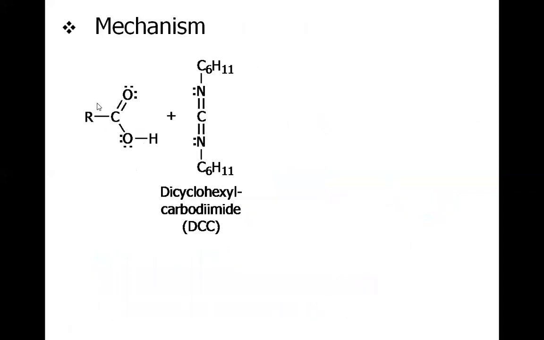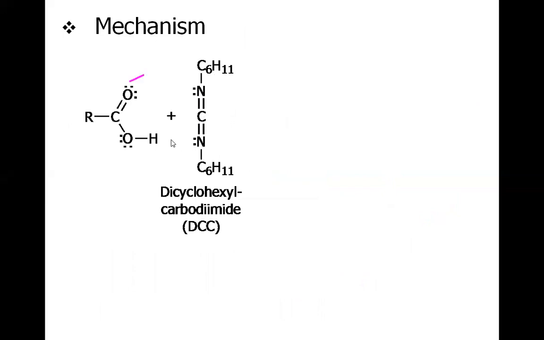This is the structure of a carboxylic acid and this is the structure of dicyclohexyl carbodiimide, DCC. Consider here this C6H11 is the cyclohexyl ring at both terminals, and we have C=N here and C=N here, because we have a diimide, two imine bonds, and this central carbon is extremely electrophilic.